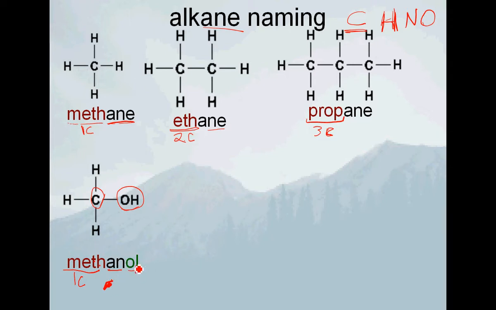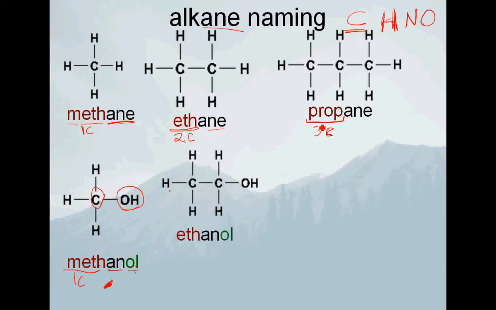So understanding this very simple system, you should be able to figure out the name of this compound. I have 2 carbons, I have all single bonds, and there's my alcohol. So 2 carbons is eth, AN because it's all single bonds, OL, and sure enough, that's called ethanol.